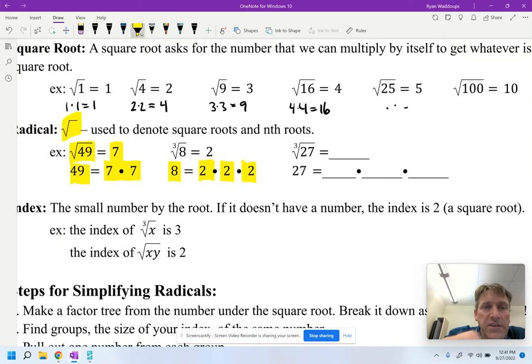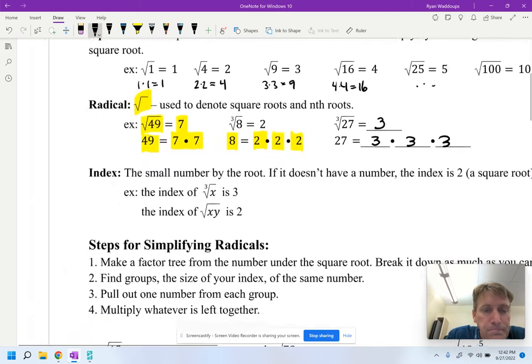And therefore, the cube root of 27: what number times itself 3 times is 27, and that number would be 3 because 3 times 3 times 3 is 27, so therefore the cube root of 27 is 3.